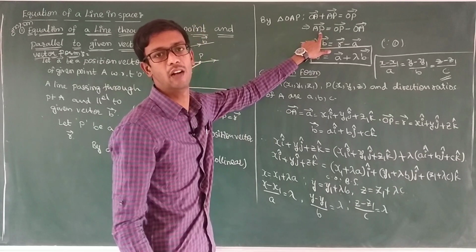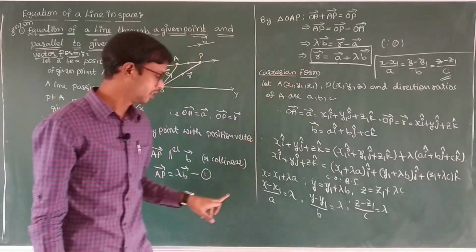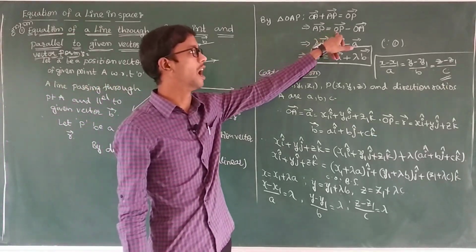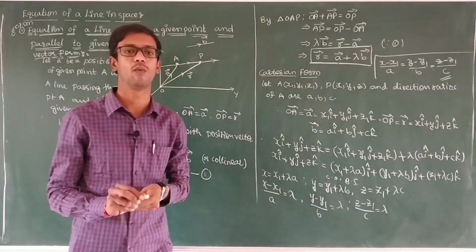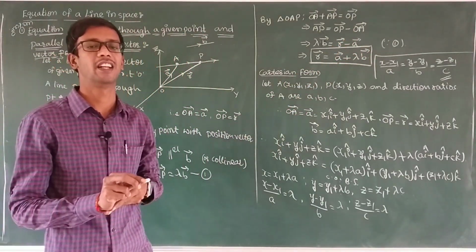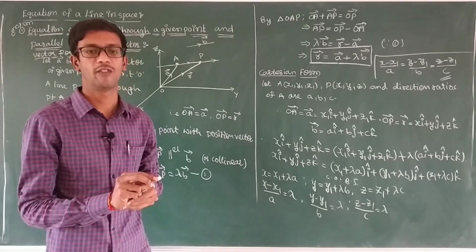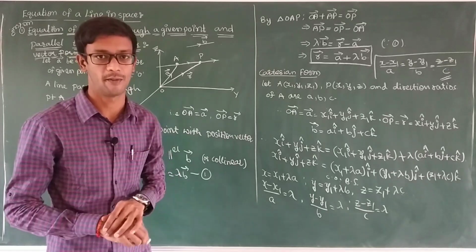So AP bar is lambda B bar. Substituting, r bar is OP bar and OA bar is A bar, so r bar is equal to A bar plus lambda B bar, which is the line equation passing through the point and parallel to the given vector, in vector form.